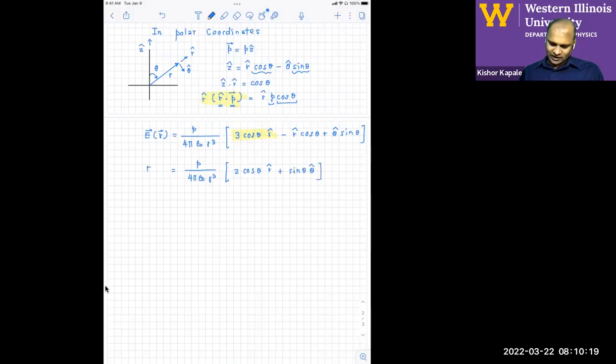And this is the expression that I just kind of directly wrote down for you in the previous class. But now we know how to evaluate it by determining all of the related dot products. Everybody with me?